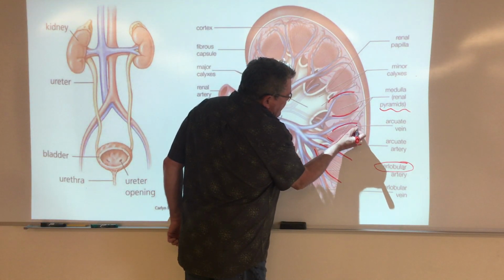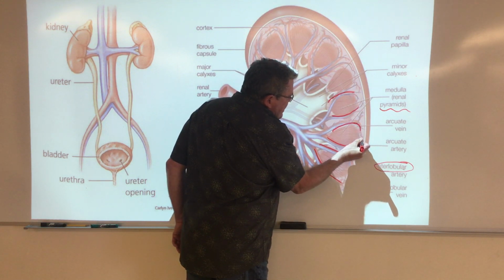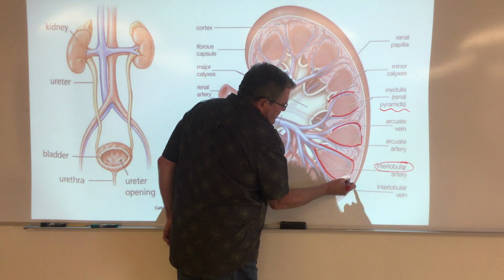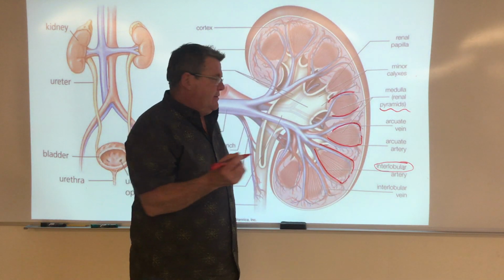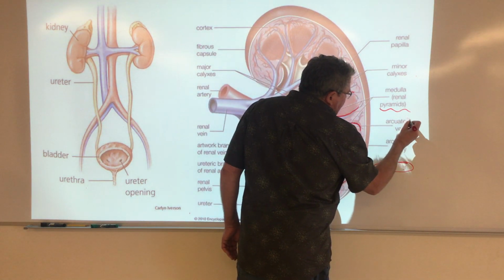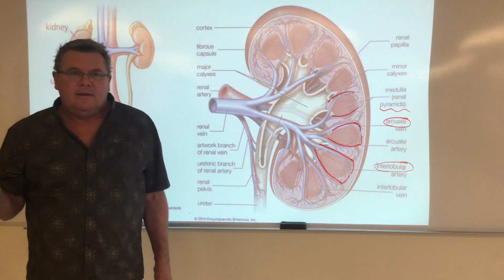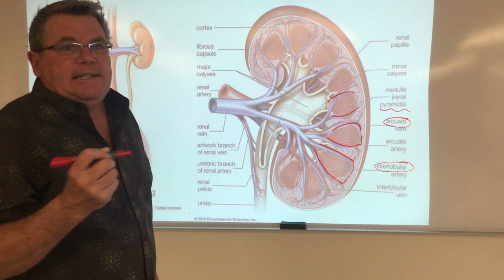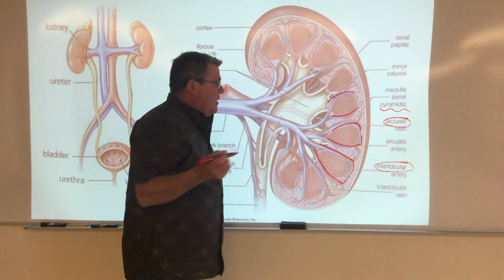And then, if you take a look, we kind of take a right angle. Now we're running across the edge of these lobes, or these pyramids. And they're referred to as the arcuates. A-R-C-U-A-T-E, the arcuate vein, or the arcuate artery.